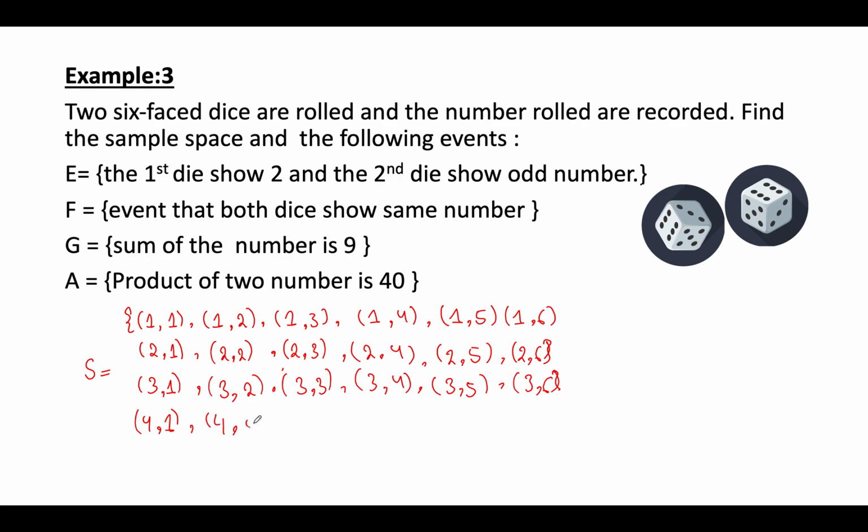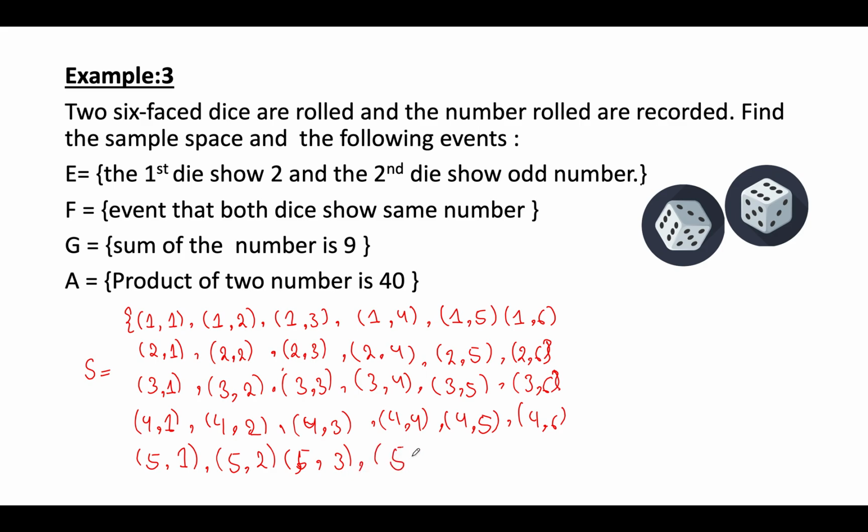Or I can have the first one 4 and the second one 1. Then 4, 2, 4, 3, 4, 4, 4, 5, and 4, 6. Or it can be 5, 1, 5, 2, 5, 3, 5, 4, 5, 5, or 5, 6.